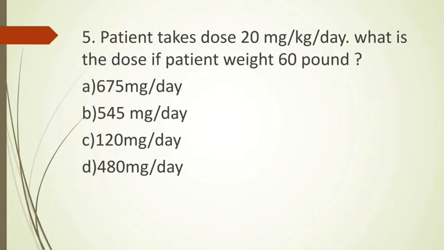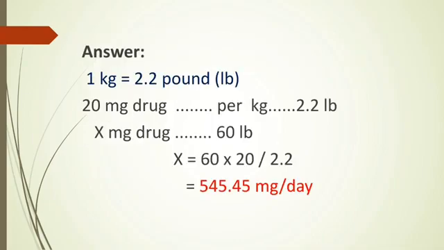The dose is first given per kilogram, but we have to find it out for 60 pounds. So we have to convert between pounds and kilograms. 1 kilogram is equal to 2.2 pounds, or lb. You should remember that 1 kilogram is equal to 2.2 pounds.